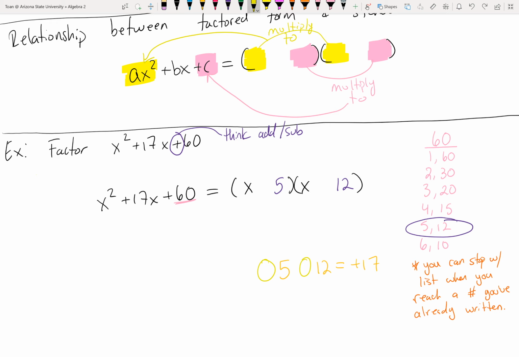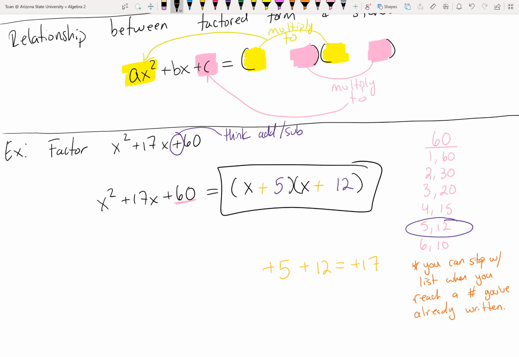So it's a puzzle. You got to figure out a 5 and a 12. How would I make a positive 17? I hope in this case it's very obvious that they both need to be plus and plus, because a plus 5 with a plus 12 will give me a plus 17. Guess what? Those are your symbols, and that is your factored form.